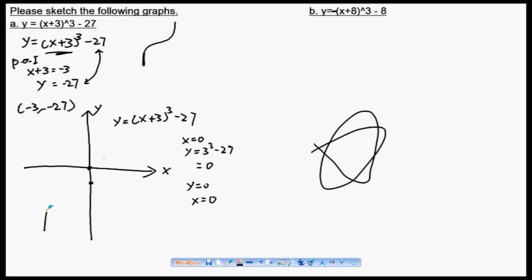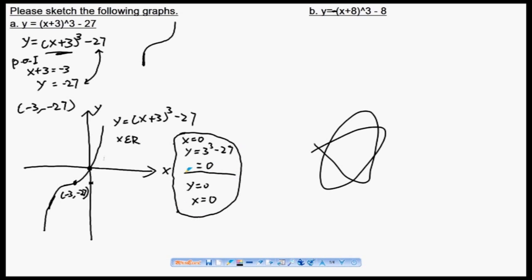So our graph would look like this, and this is the point of inflection, which is (minus 3, minus 27), and then your x and y intercept are at the origin. Also, the domain of the graph is x belongs to R. That's how we solve question A.